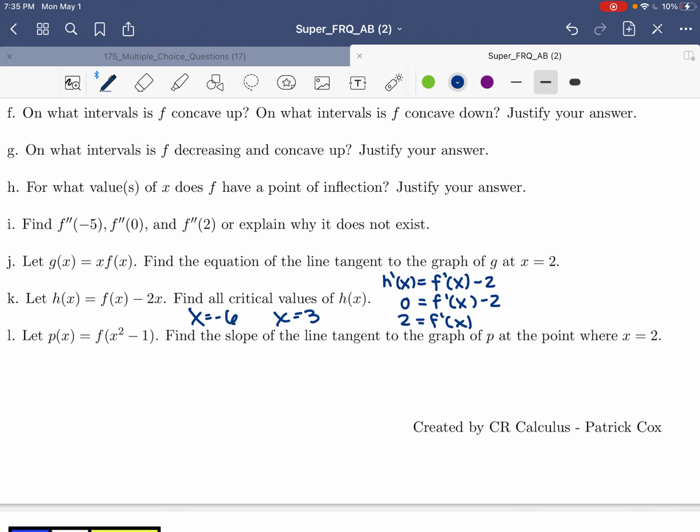All right, then I have P. I need to find the slope of the line tangent to the graph of P at the point where x equals 2. First step, take the derivative. It's going to be f prime, leave the inside alone, times the derivative of the inside, which is 2x. Now I just plug in a 2. That should be a P prime.